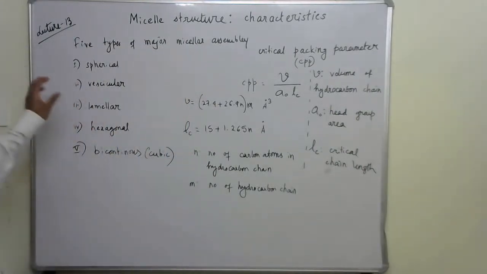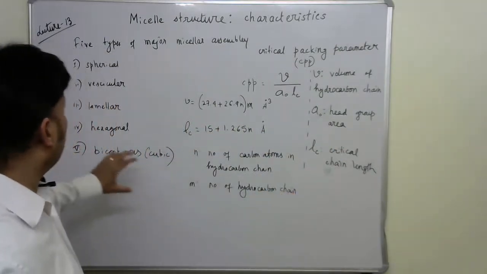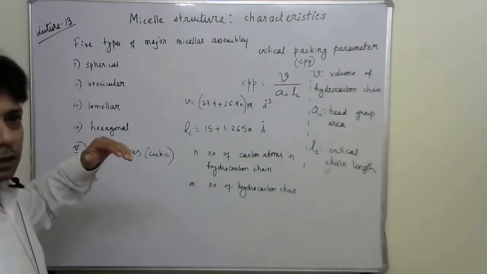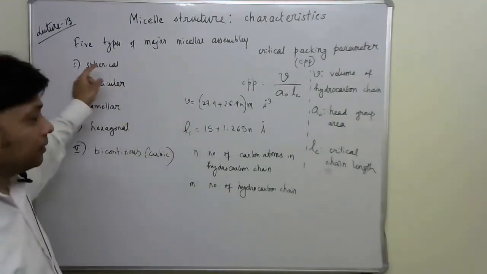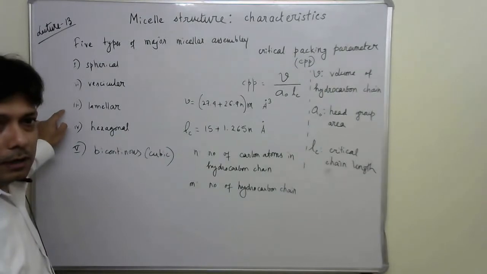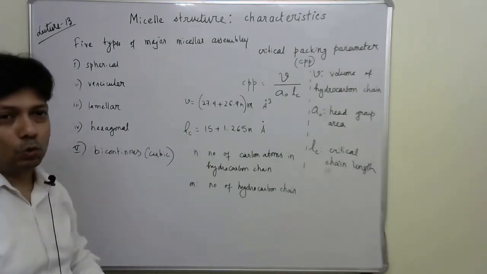So on the board you can see the 5 different types of major micellar assembly, and some useful information on the right hand side. Let me tell you first that there are 5 major types of micellar structure: spherical, vesicular, lamellar, hexagonal, and a bicontinuous cubic phase.